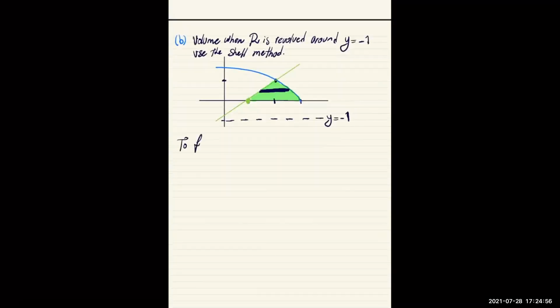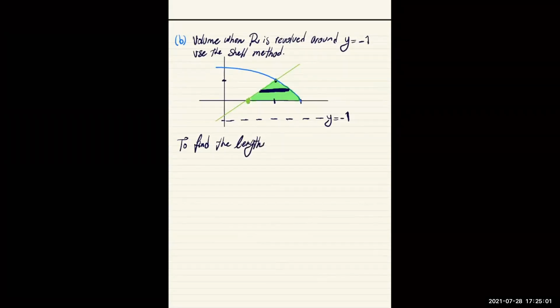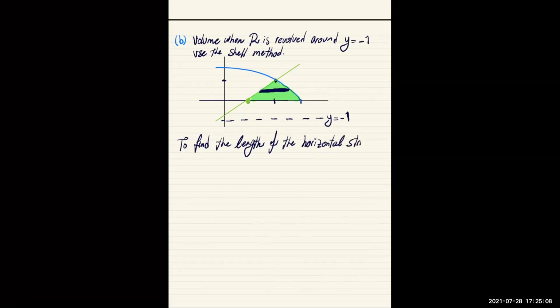To find the length of the horizontal strip, which is again the height of the shell, we need to solve each relation for x.